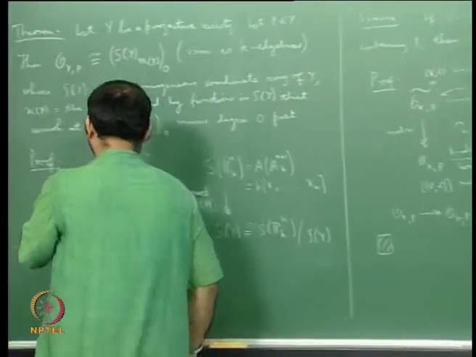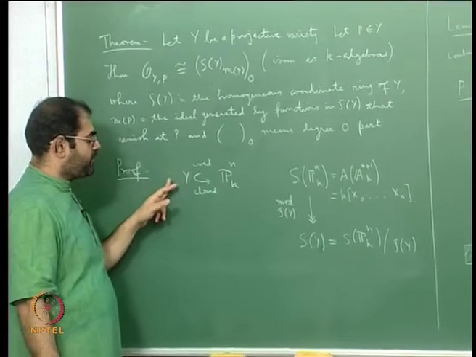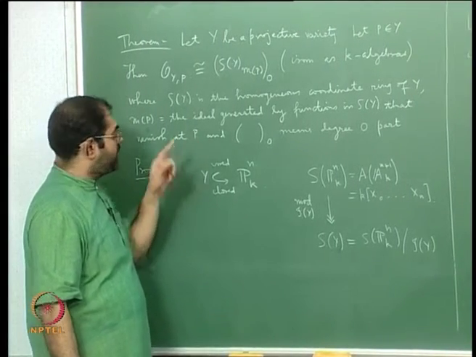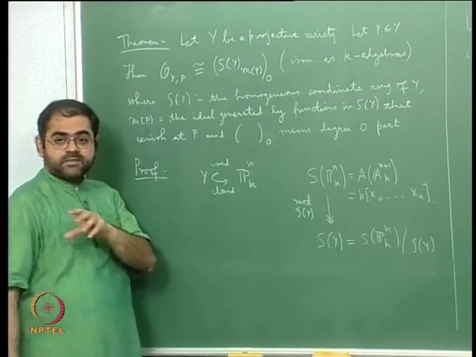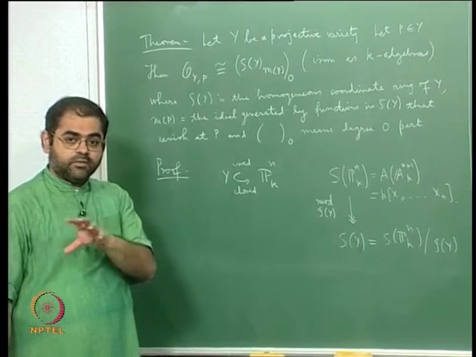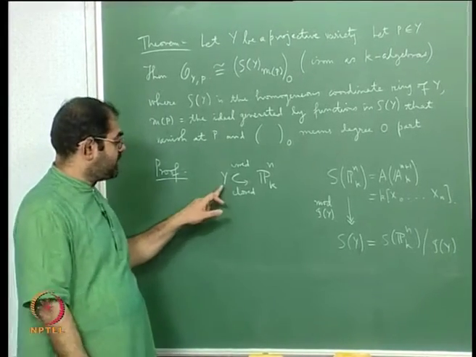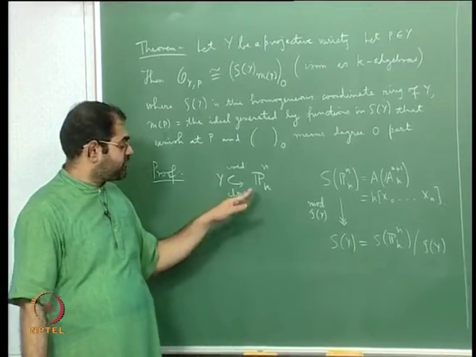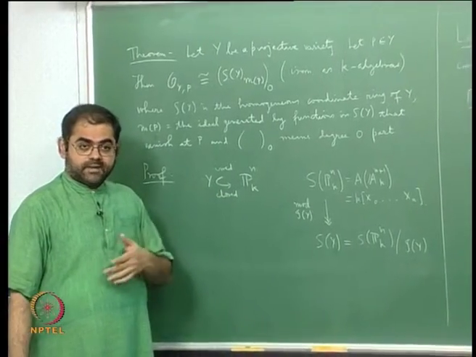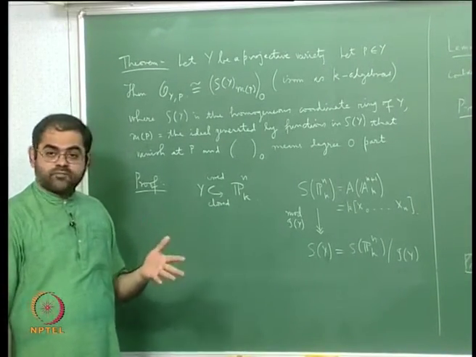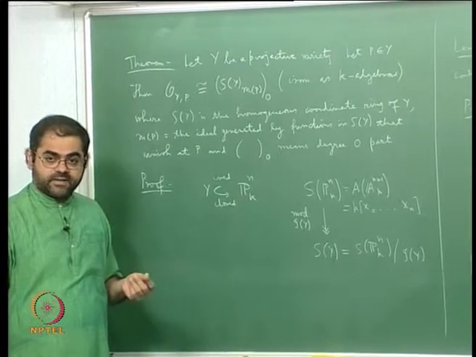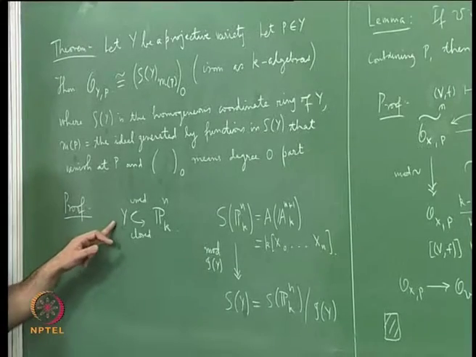You are going to take the point p of Y, and of course the point p is going to lie in one of the U_i's, being the open subsets of P^n. There are n plus 1 of them, each one of them isomorphic to the affine n-space. So p is going to lie in one of them.